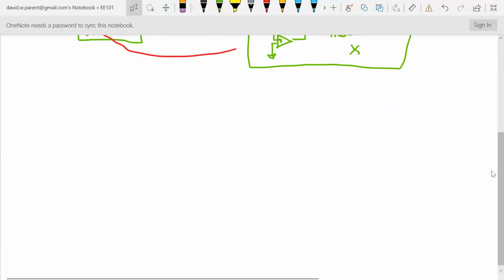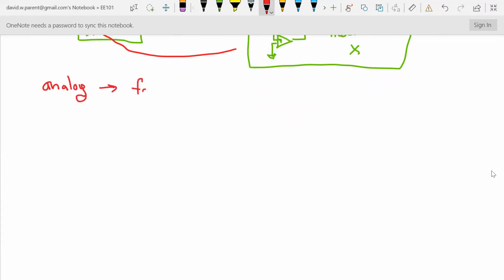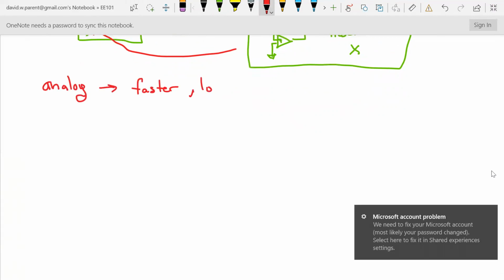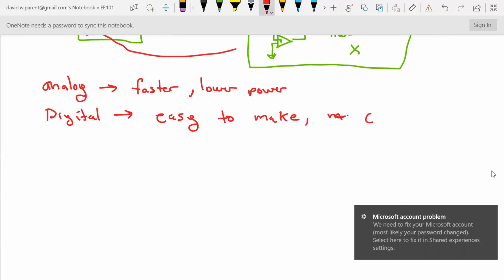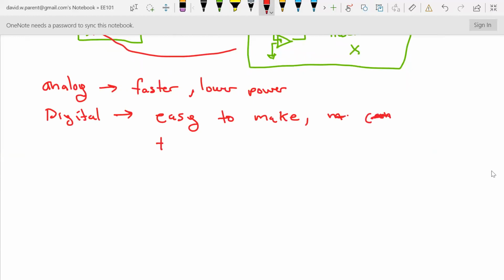But the thing is, in a solution, analog is supposed to be faster and lower power, where digital is easier to make and tolerant to noise.